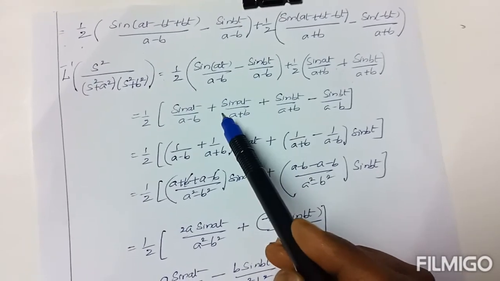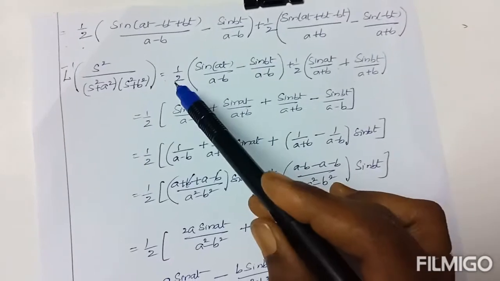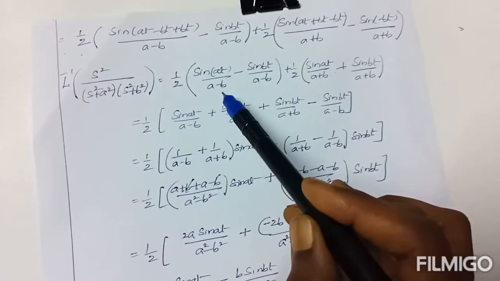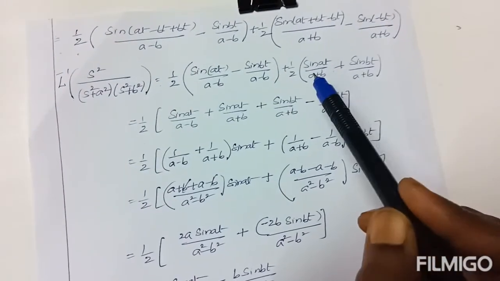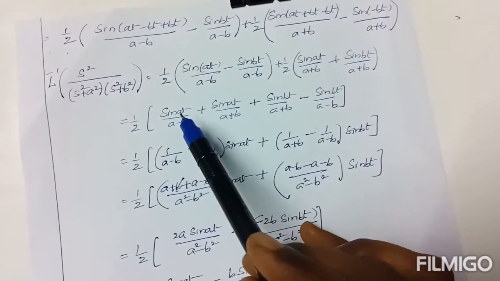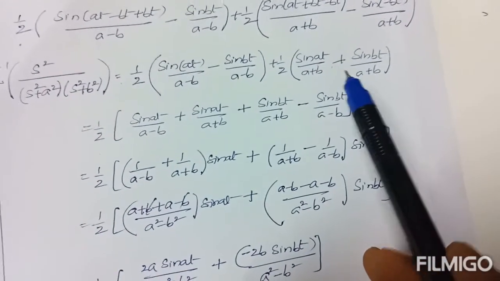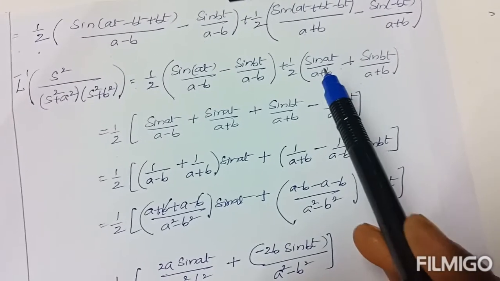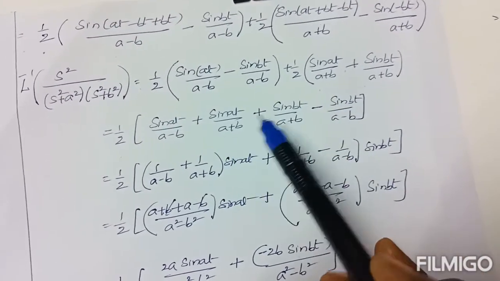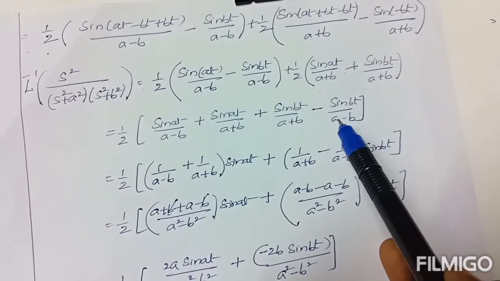Here it is minus of just a minus b related at 1, plus 1 by 2 is overall common. A minus b, here also a minus b, write it: a minus b related at 1, plus a minus b, sin at by a minus b. Here also this is sin at by a plus b, plus sin bt by a plus b, minus sin bt by a minus b.